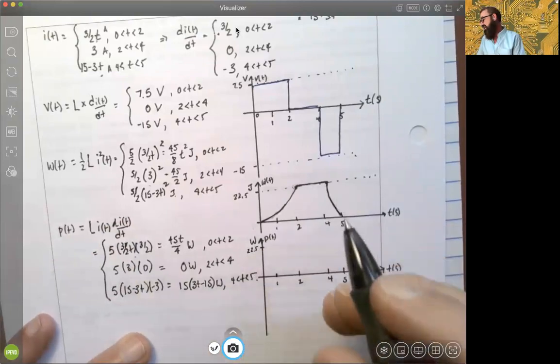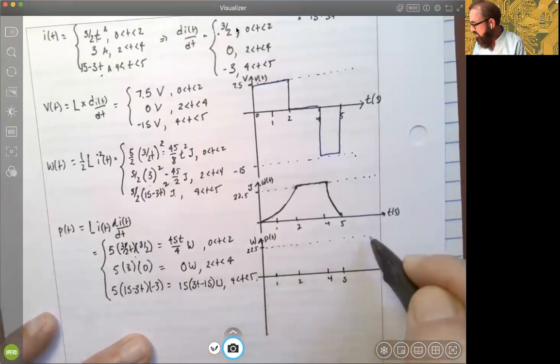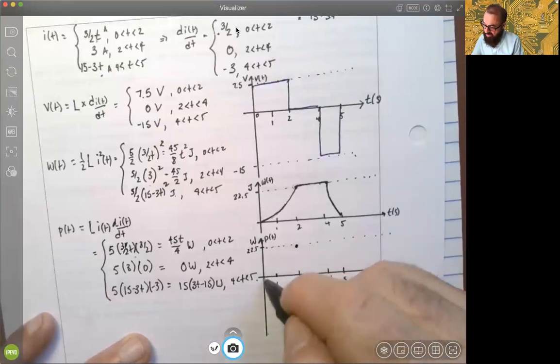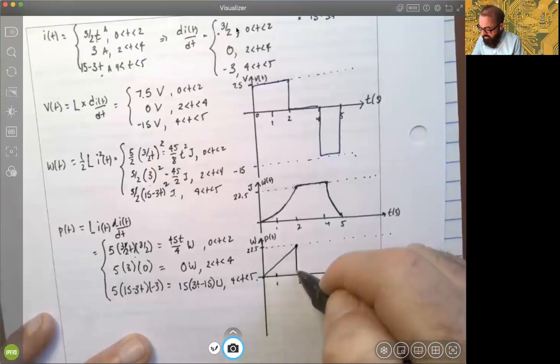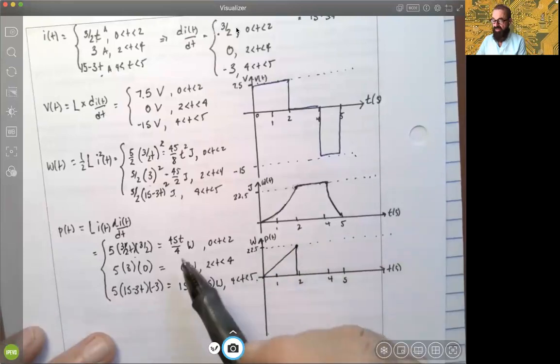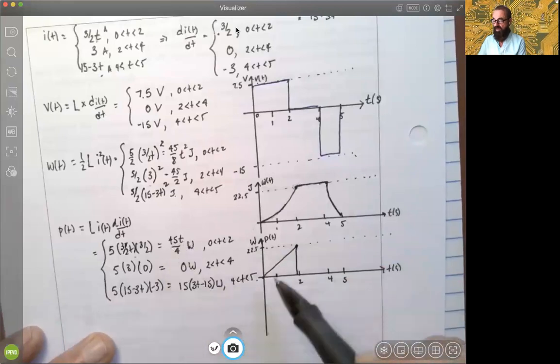Okay. And so we'll scale that. We'll just draw that across so we can see the value again. So it's linear. It looks like this, and then it drops right back to 0, okay? Okay, so this is definitely a linear function. If you plug in 2 there, you're going to have 45 times 2 divided by 4. That's 90 divided by 4. That's clearly what that value is.